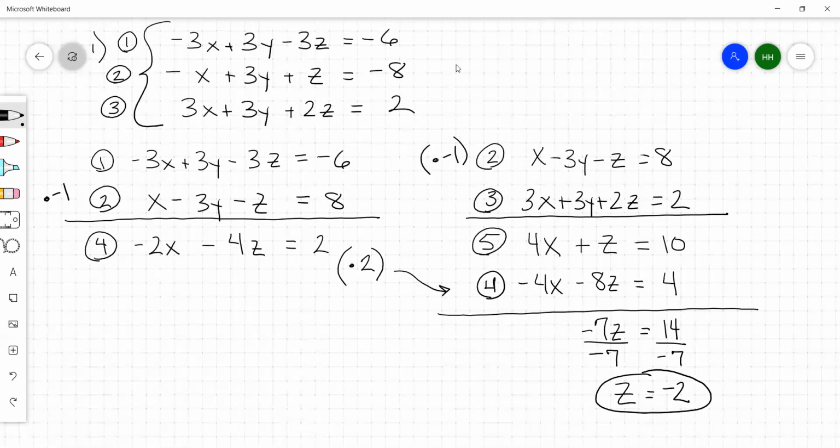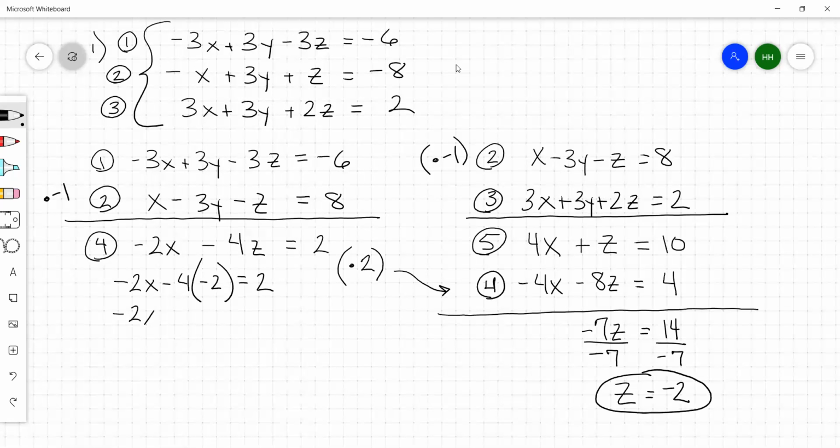All right, now I'm going to go back to, well, it does matter where I can go back to. I can go back to either equation 4 or equation 5, and I can substitute the negative 2. So I'm going to go back to equation 4, and I'm going to substitute. So when I substitute, I get negative 2x minus 4 times negative 2 equals 2.